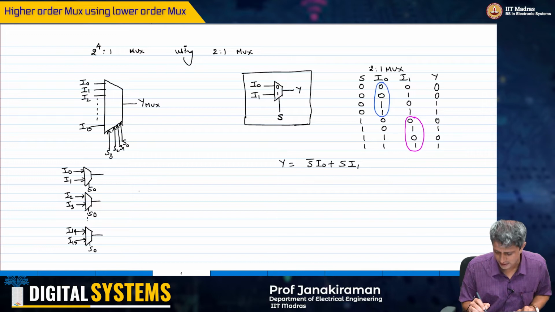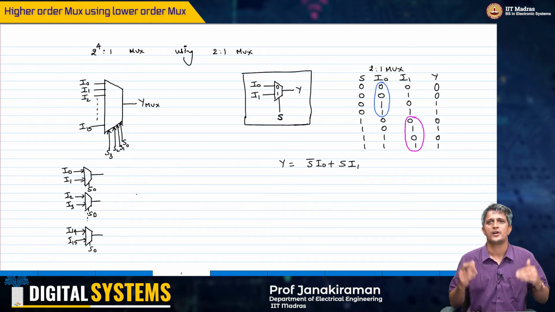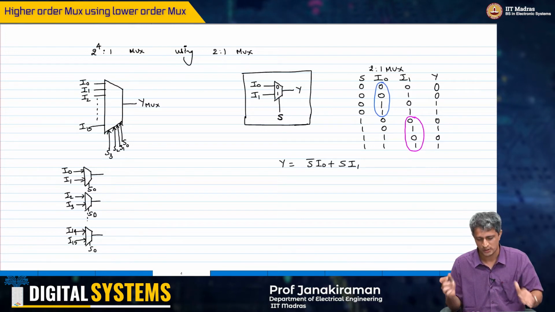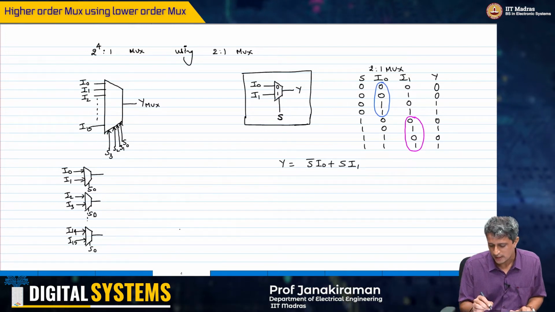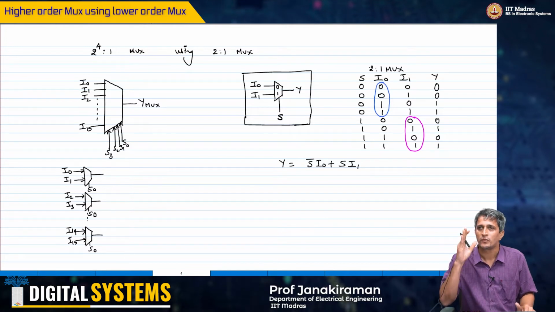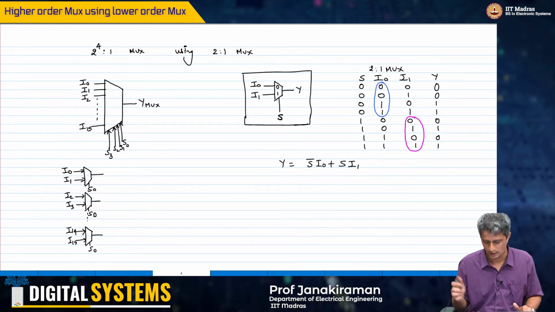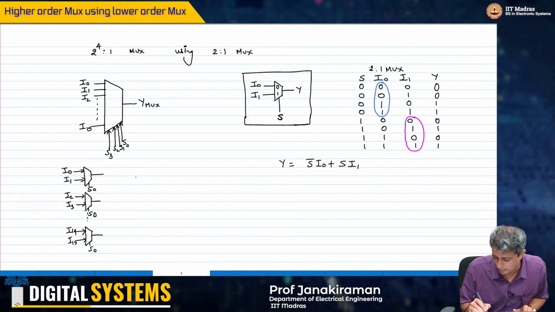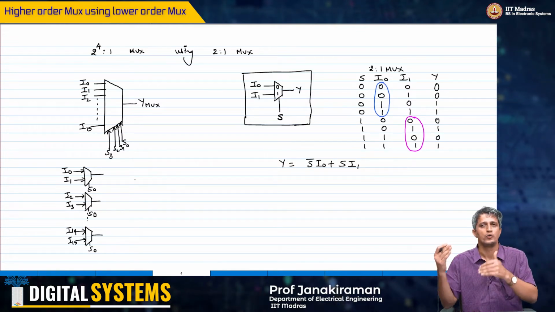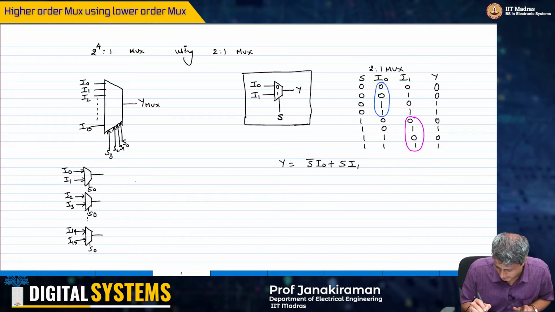Next, I have 8 inputs that are going to the next stage, and therefore what I need from there is actually another 8:1 multiplexer. Now how do I implement an 8:1 multiplexer? I need 8 by 2, that is 4 2:1 multiplexers in the next stage.